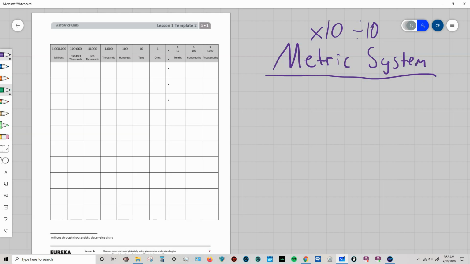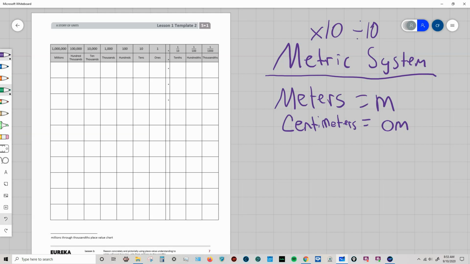So the ones we study are, our base one is the meters, which of course is just an M, and we have centimeters, which the abbreviation is cm.